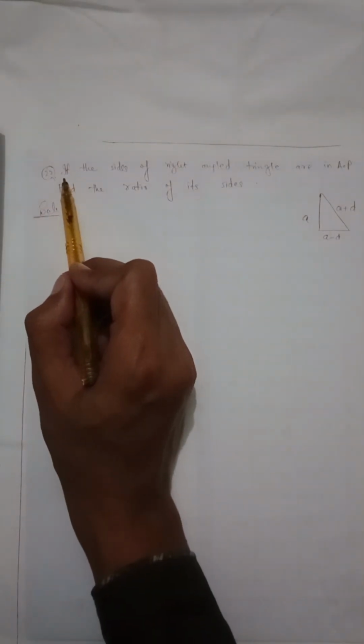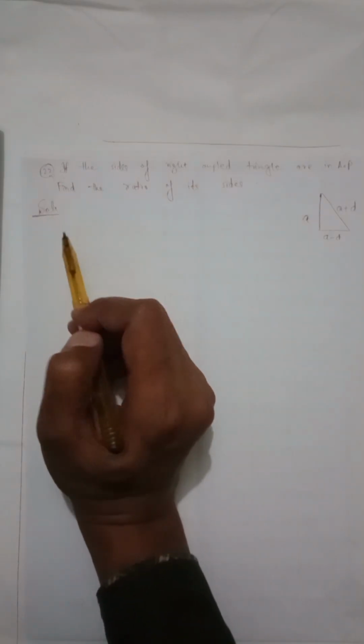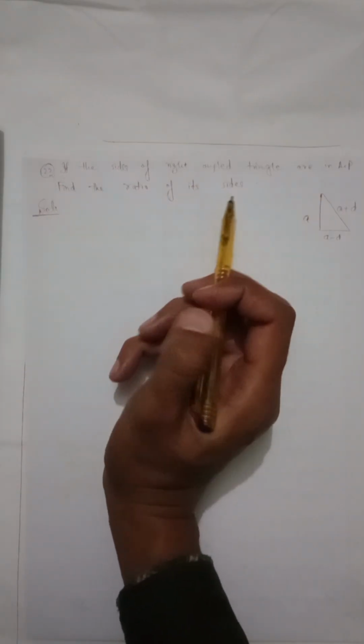Question 22. If the sides of the right angle triangle are in arithmetic progression, find the ratio of its sides.